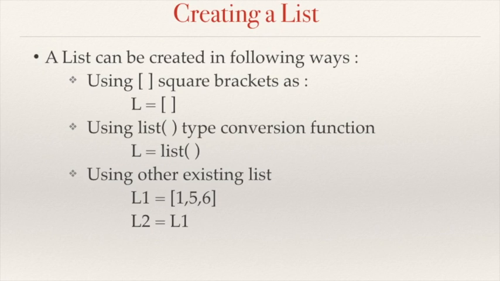In the last syntax, a new list is created using an existing list just by assigning the existing one to the new list. We will use these 3 syntaxes to create lists practically in a short while. For the time being, let us see the possible set of operations which are applicable on list types.